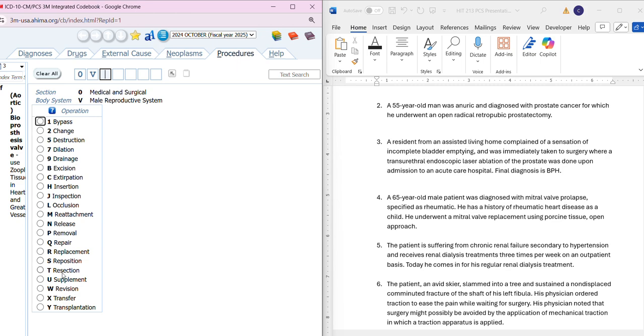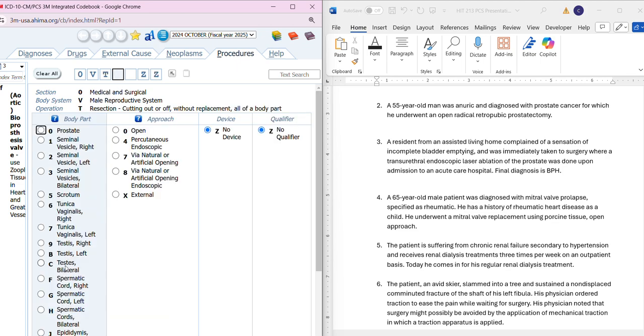You take it out. So it's going to be T, resection, cutting out or off without replacement, because we are not replacing the prostate.